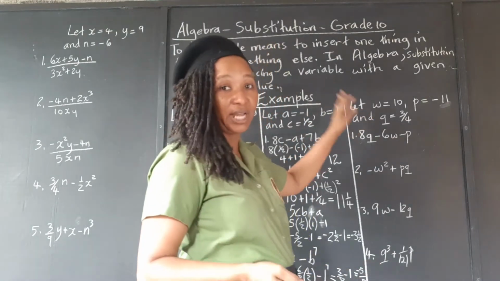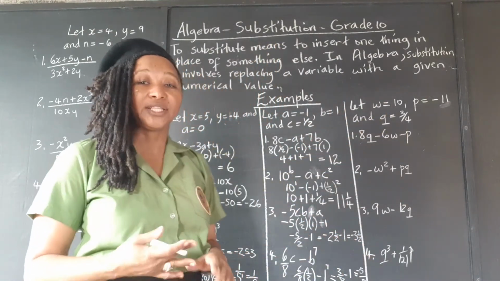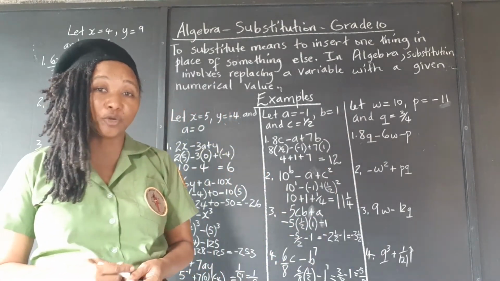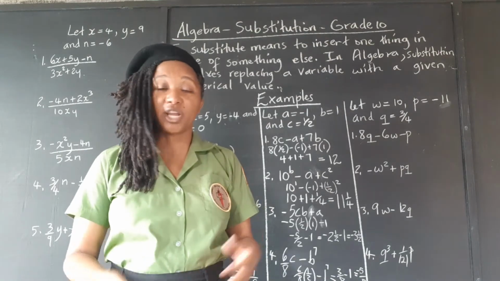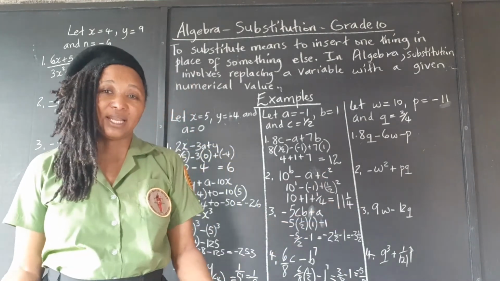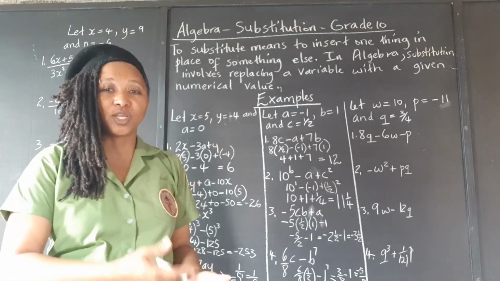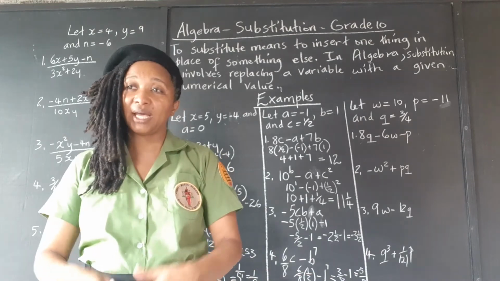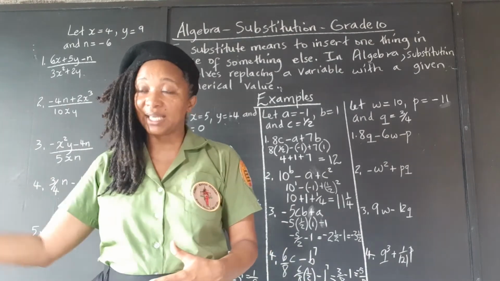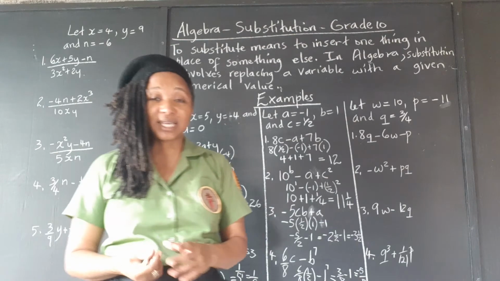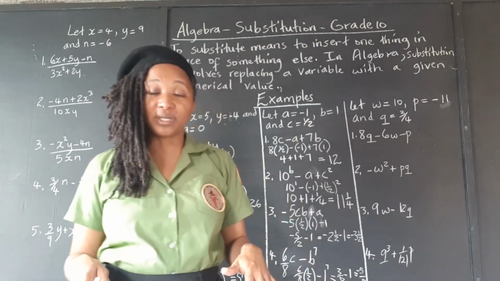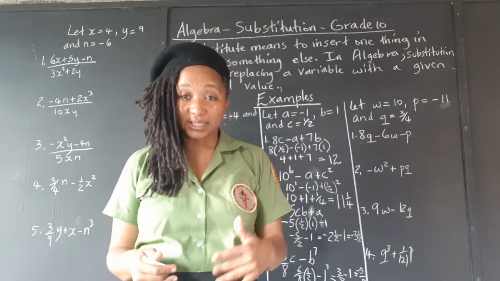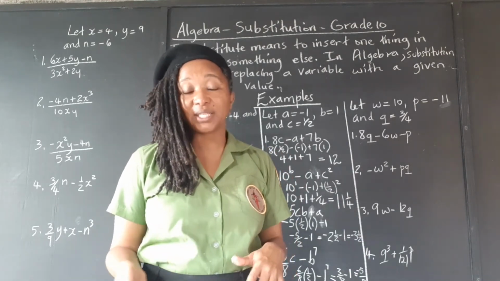Alright, so now we're given another set of values, because remember, in substitution, they can change up the numerical values of the variables. So they're just saying, let's pretend that this letter is equal to that number. And they can switch it up again and say, okay, new game, let's pretend that it's this now. What some students think when they're given the first batch of numbers and they say x is that, y is that, b is that, is that it should always be equal to that numerical value.